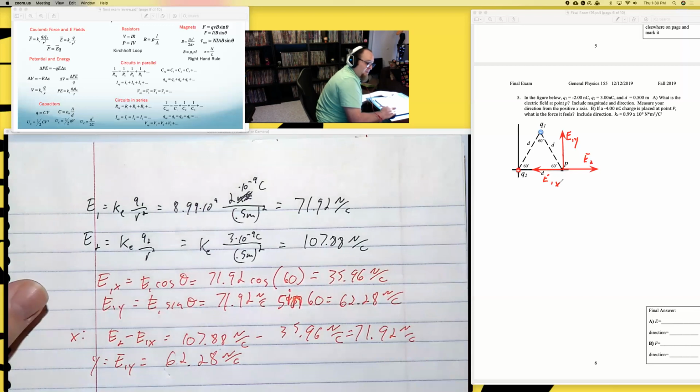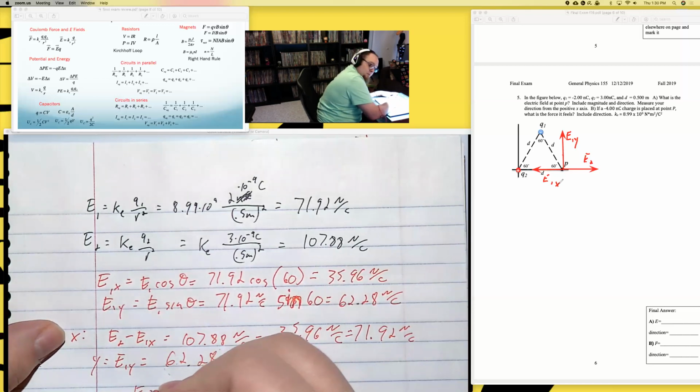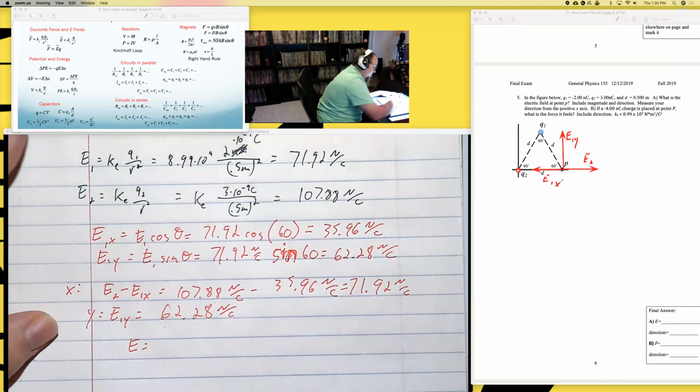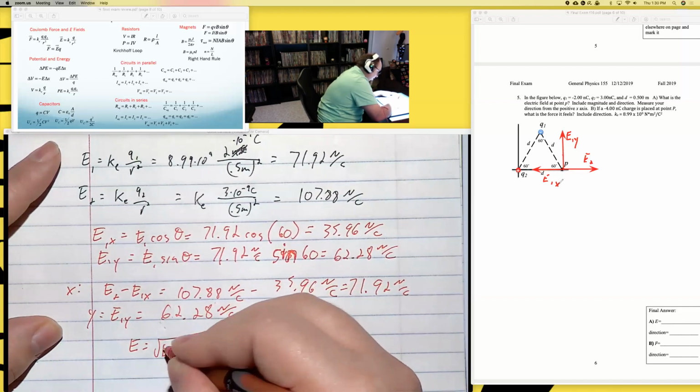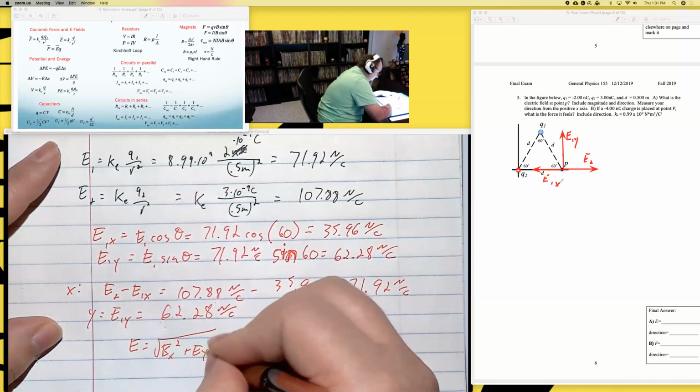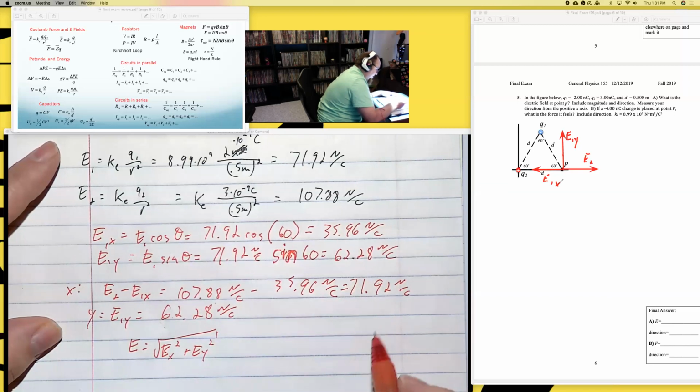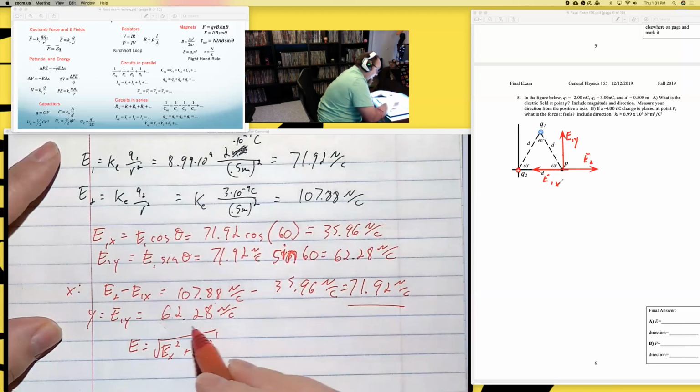And so for magnitude and direction, magnitude would be the square root of Ex squared plus Ey squared. And so it would be the square root of this plus this.